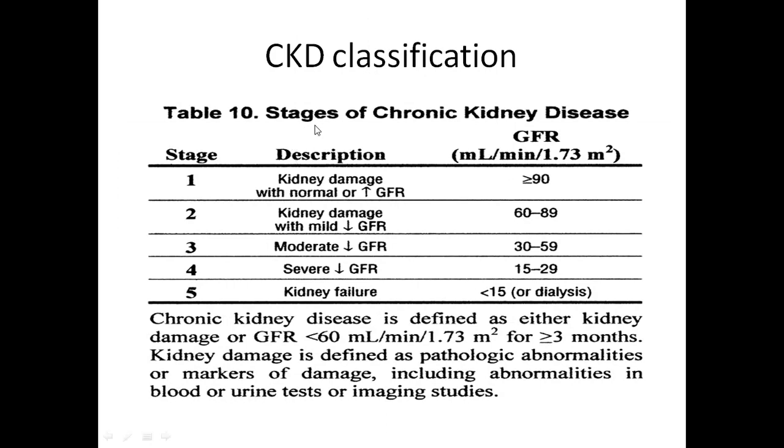Based on the GFR, CKD is classified into 5 groups. What is the meaning of CKD? CKD is defined as either kidney damage, which can easily be detected by imaging tests or other blood and urine reports, or a GFR measurement of less than 60.